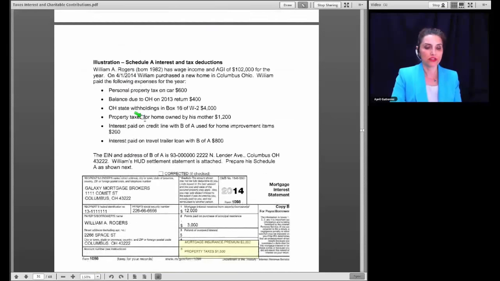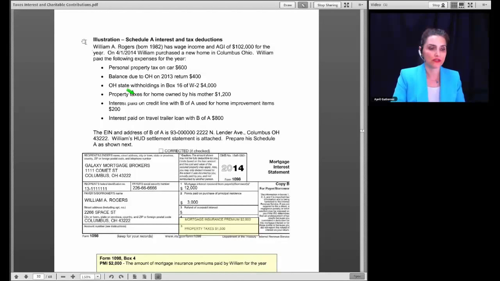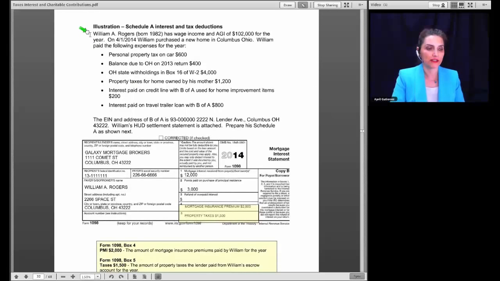So here's an illustration of how we figure the deduction for interest and taxes for a particular filer. His name is William Rogers. He has wage income of $102,000 for the year, and during the year, back in April, William purchased a new home in Columbus, Ohio.